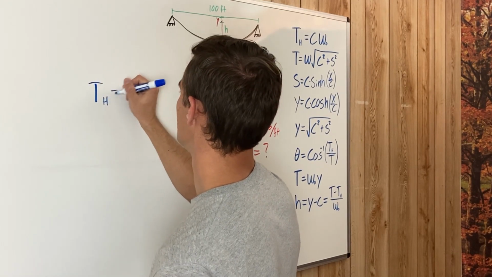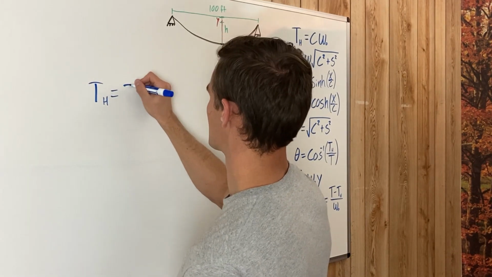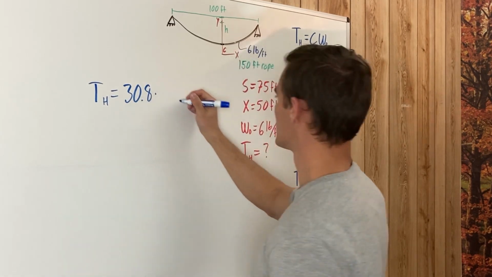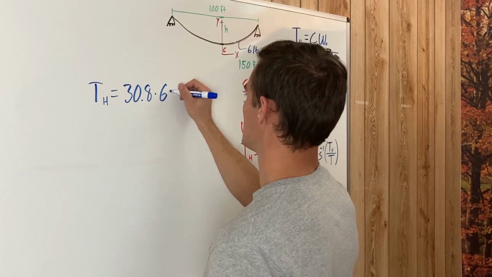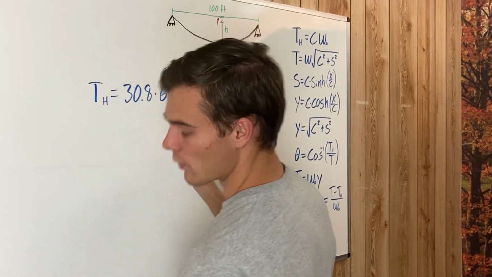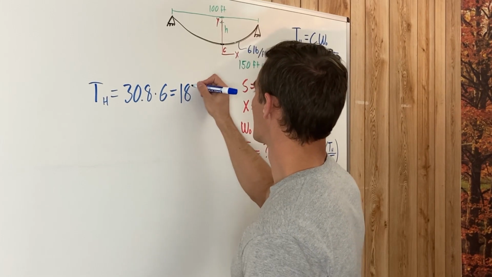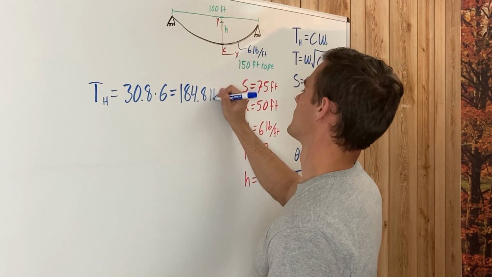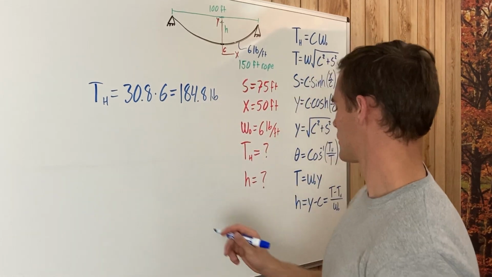T sub H equals C, which we found was 30.8, multiplied by W naught, which is 6, and that is 184.8 pounds of tension.